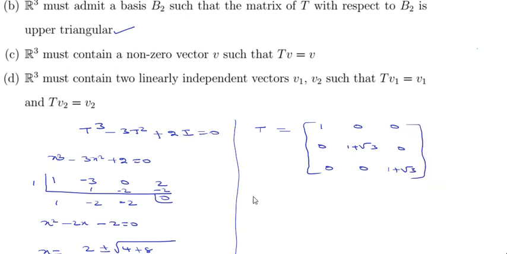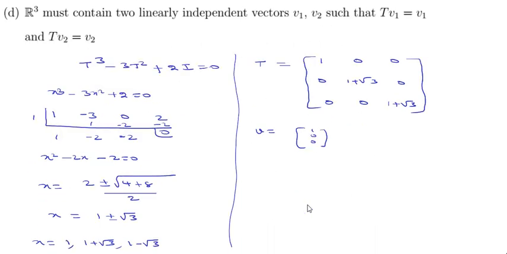Then we have a non-zero vector. If we take V equal to 1 0 0, then we get TV equal to V. Now suppose we take any other matrix T satisfying the given condition, say T equal to the diagonal matrix with 1 plus root 3 on the diagonal.